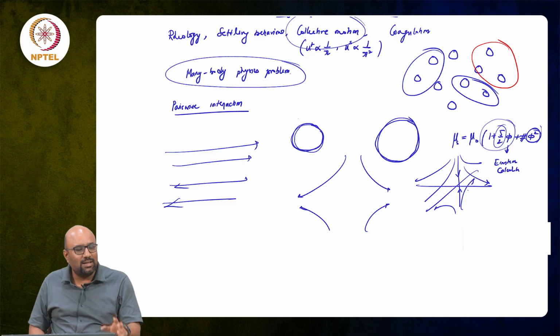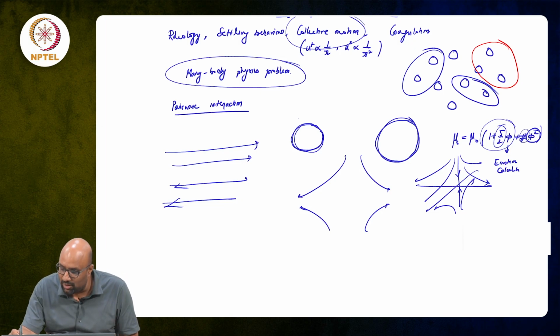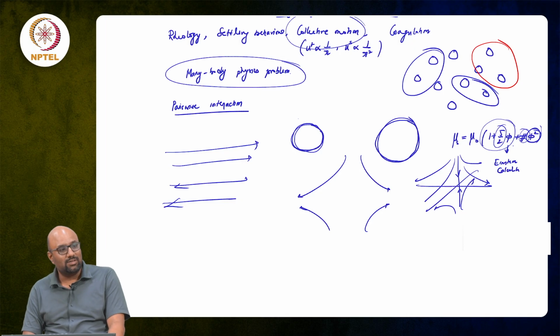So, it matters what your background linear flow is in order to do this pair interaction calculation. It is quite hard and also quite detailed as a calculation.